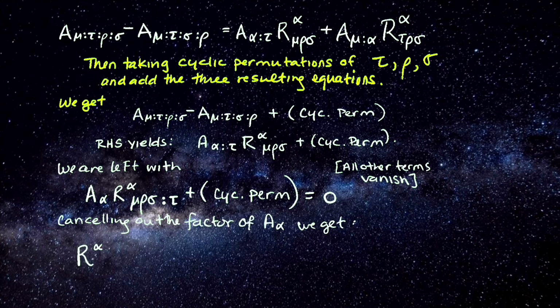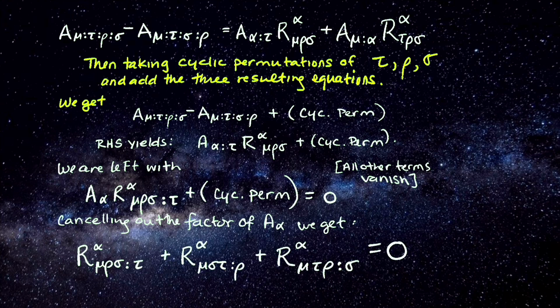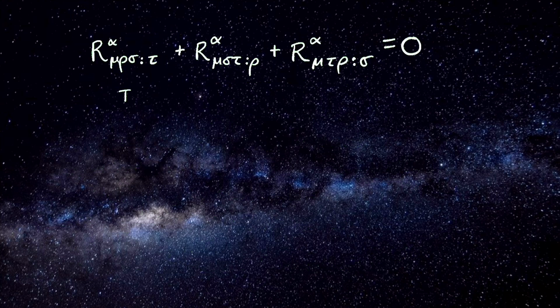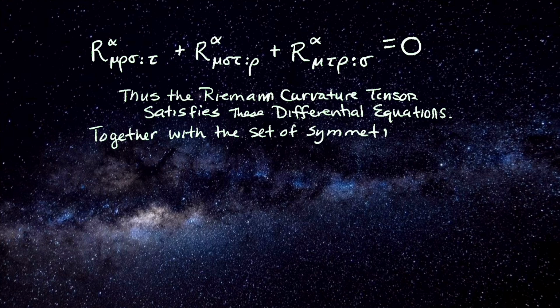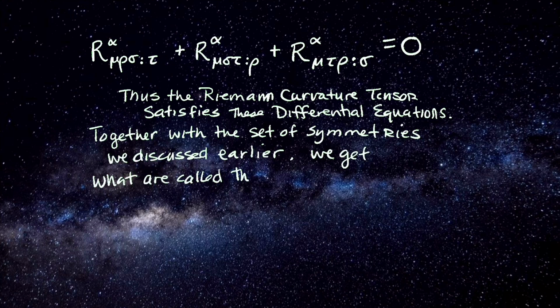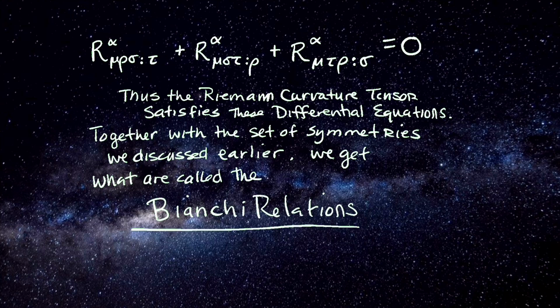Canceling out all the factors of A alpha in this expression, we get an expression in terms of just the derivatives of the Riemann curvature tensor. Thus, the Riemann curvature tensor satisfies these differential equations. And together with the symmetry properties we discussed a little earlier, we call these the Bianchi relations.